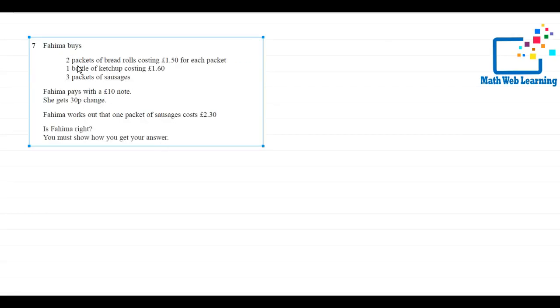Alright guys, question number 7. Fahima buys 2 packets of bread rolls costing £1.50 each. So the cost of bread rolls is £3. 2 times £1.50 is £3. The bottle of ketchup is only 1 and it costs £1.60. So let's add them together.